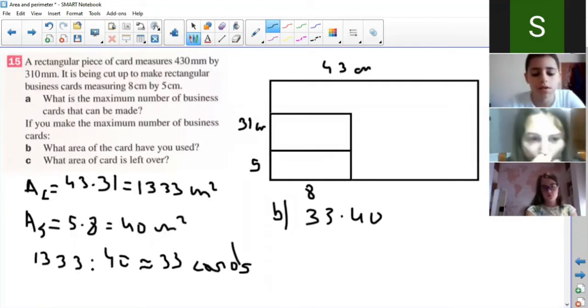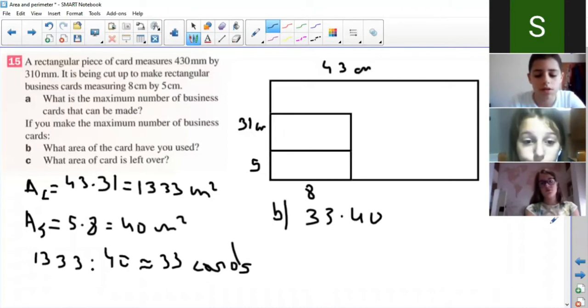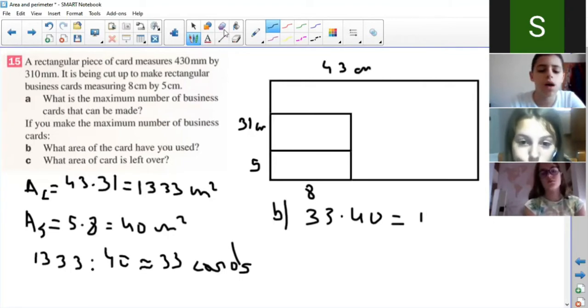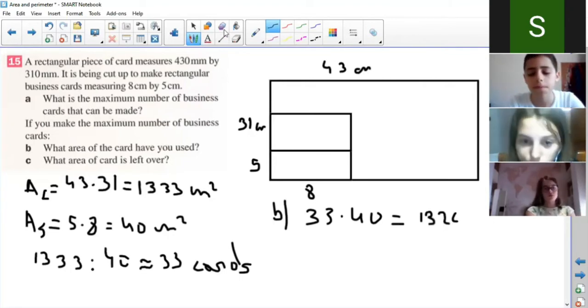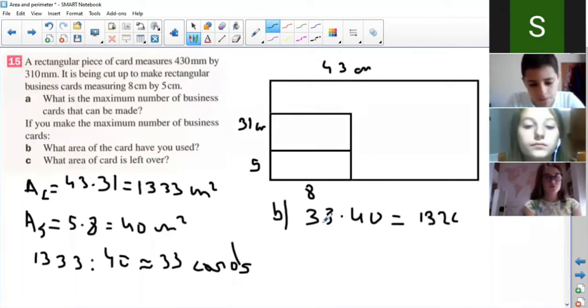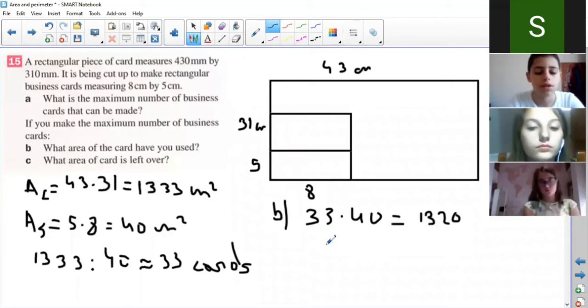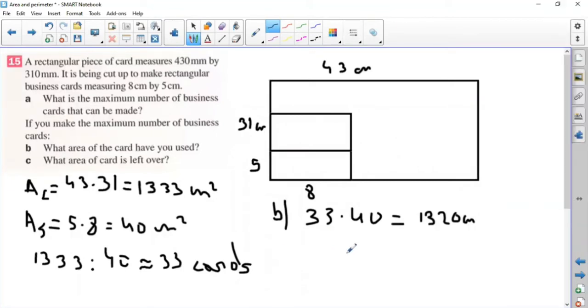What about 33 cards? 33 times 40, which will equal 1,320 centimeters squared. So this area is used.